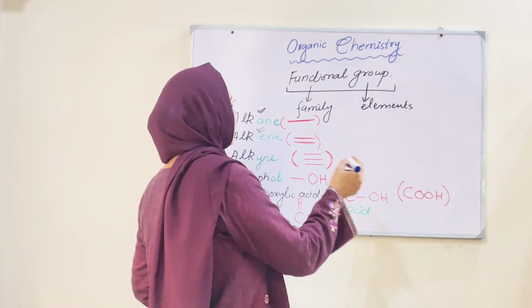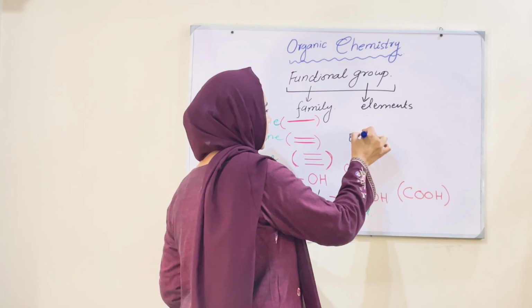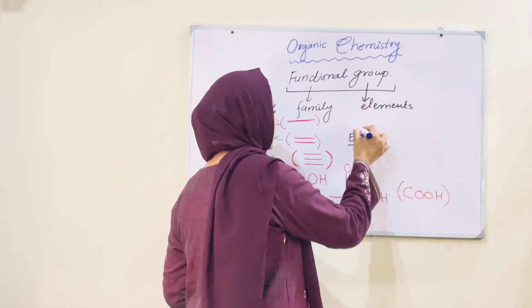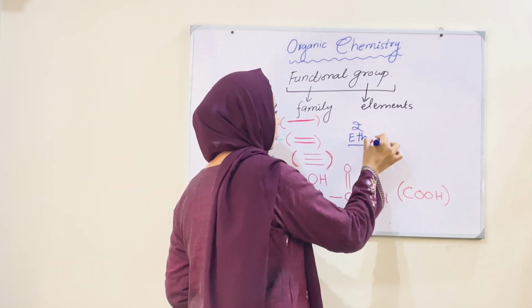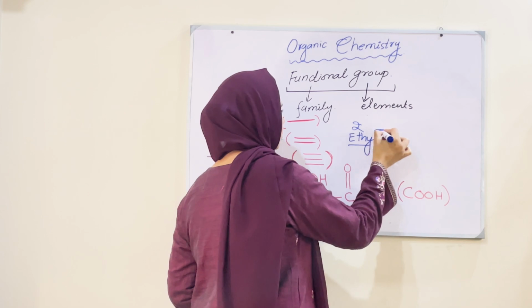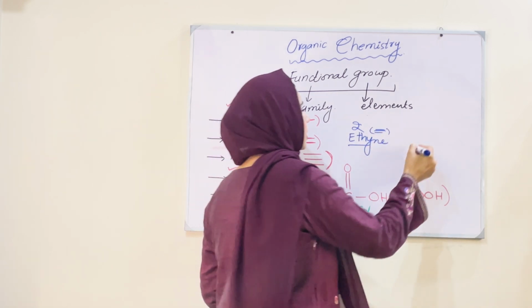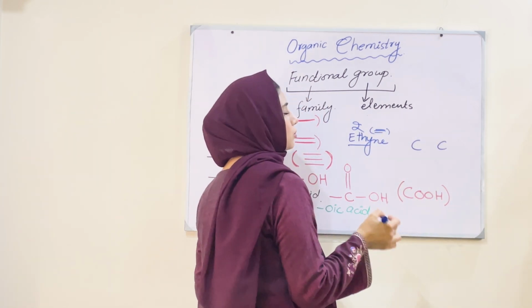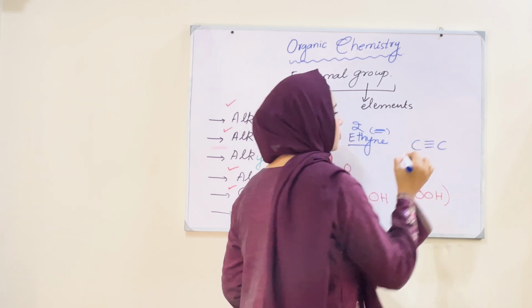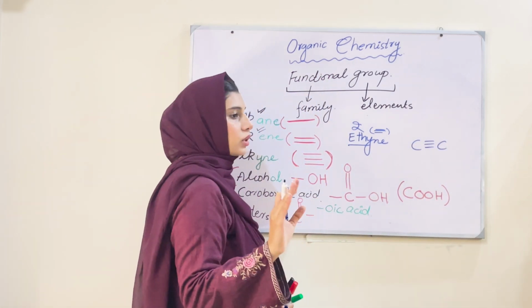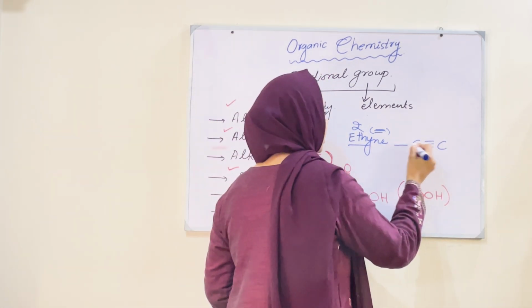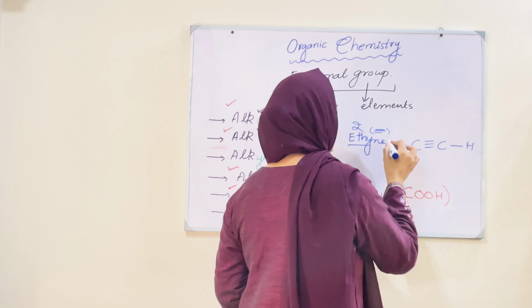Okay, eth again means 2, yne again means triple bond. So we will make 2 carbons. Both of the carbons will have a triple bond, and carbon can make only 4 bonds. So 1 hydrogen and 1 hydrogen will be attached.